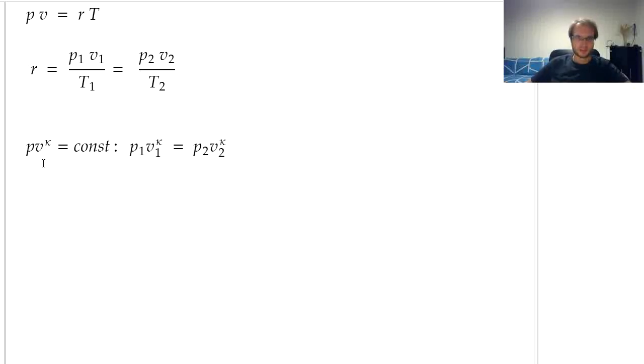And then the second equation is the equation of the reverse adiabatic change, where PV to kappa is constant. That means, again, for any state of the working fluid which happens to be on the isentrope, PV to kappa needs to be constant, so P1 V1 to kappa equals P2 V2 to kappa. So first, let's do some manipulation with the equation over here.